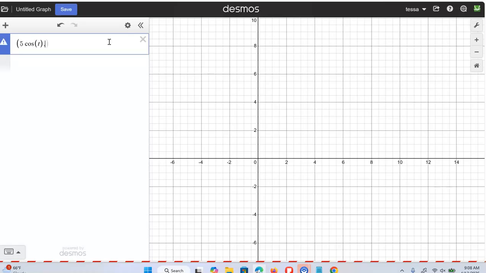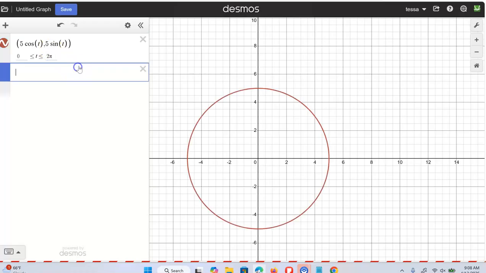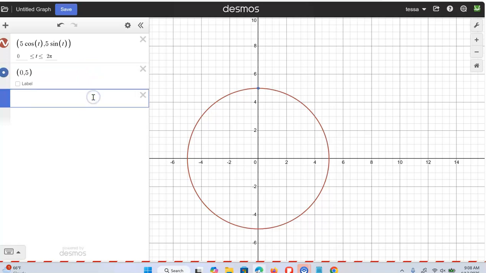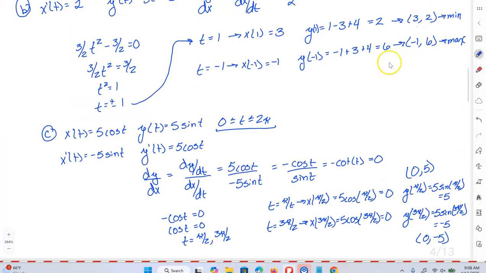Cosine of t, sine of t, from 0 to 2 pi. Here's our circle. We're graphing the point (0, 5), which is our max, and (0, -5), which is our min. You can see those come out on that graph as well.